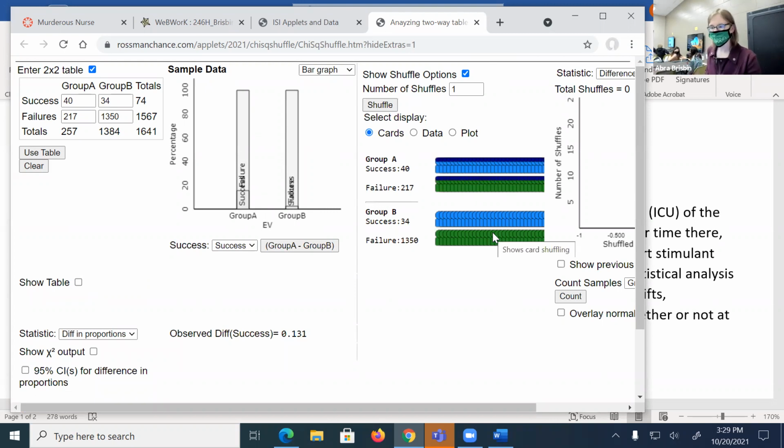The null equals 0, and the alternative is greater than.